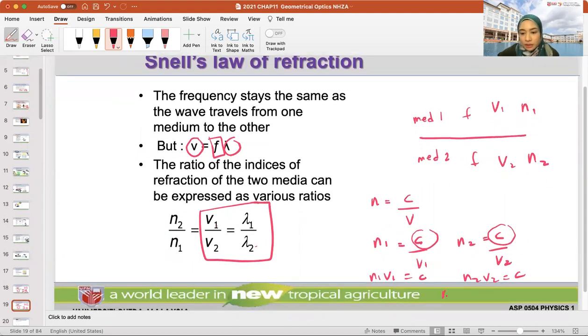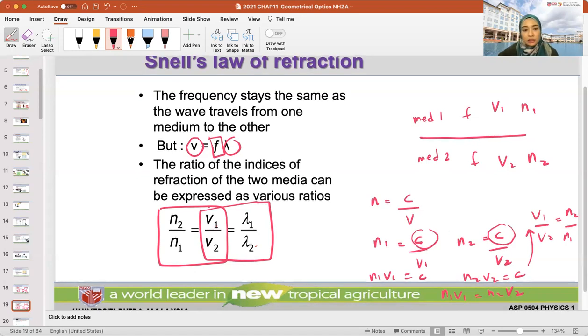So now it becomes N1 V1 equals N2 V2, and I rearrange this to have V's on one side and N's on the other. So N2 over N1 is equal to V1 over V2.